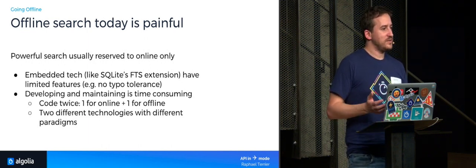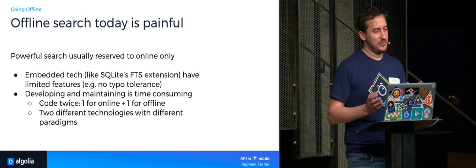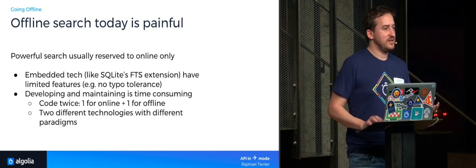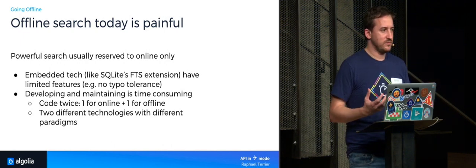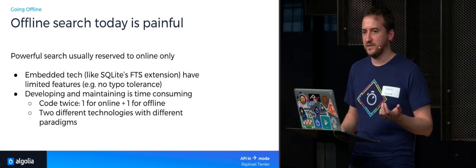So why offline search is painful to implement, and why in most cases it is not implemented at all, is because the really powerful search features that make search a really good experience are really hard to implement with the technology that exists.